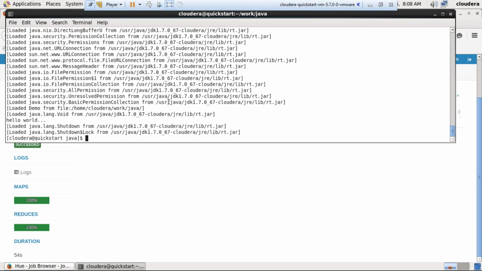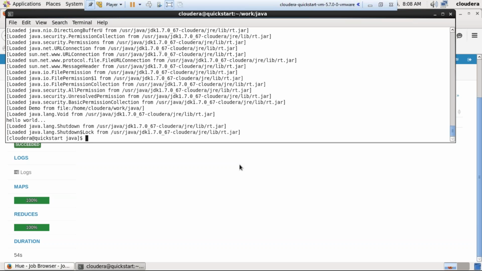That is the reason why we have an option at your Hadoop cluster level. Reuse the same JVM. If you are able to reuse the same JVM, then I'll be able to save the time, thereby the performance of the job increases.